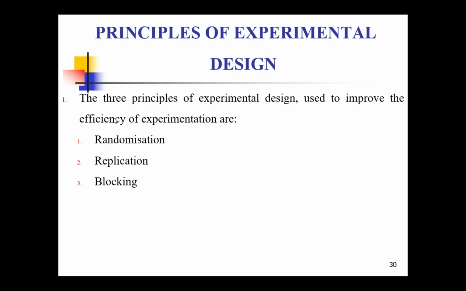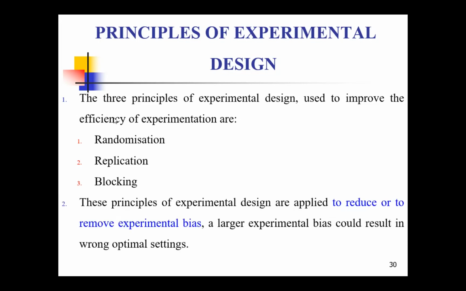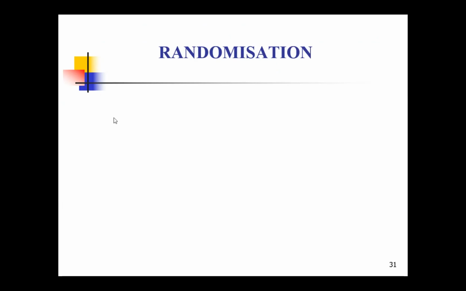So in order to reduce the experimental bias or experimental errors, these principles are used. So what is meant by randomization?